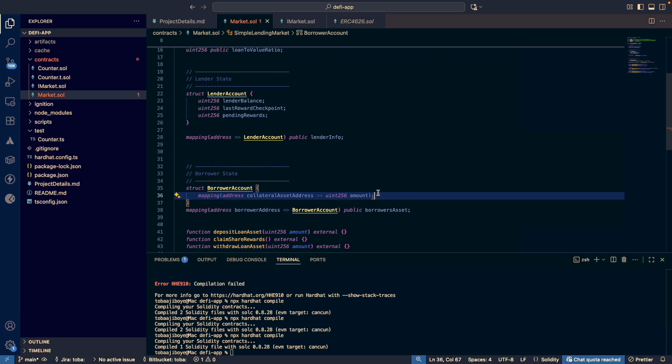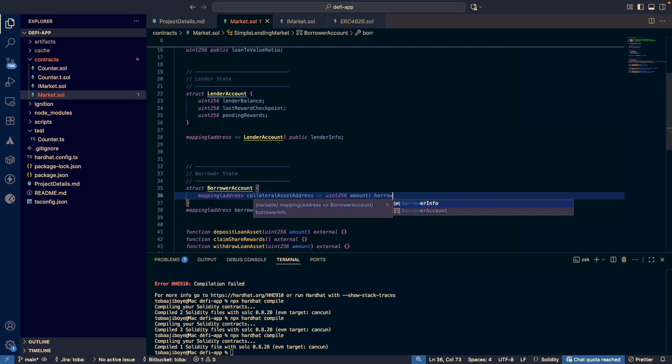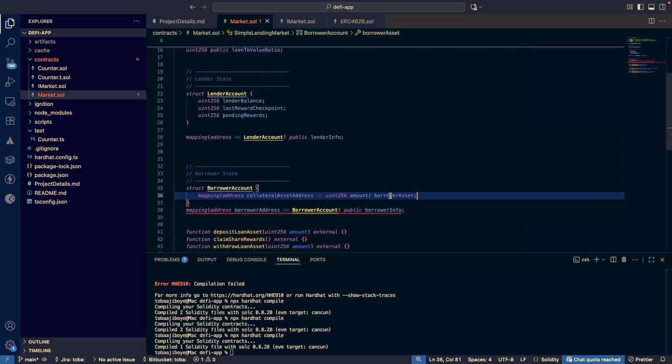So let's call this borrower info. Actually, let's call this borrower info. Let's call this borrower assets. Okay.